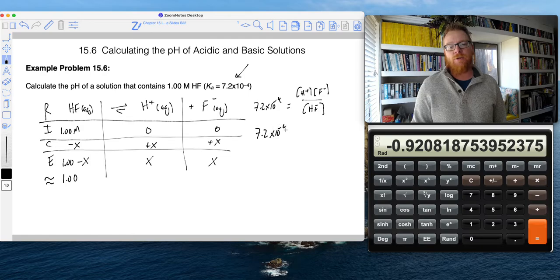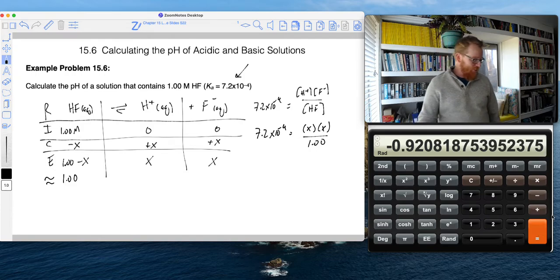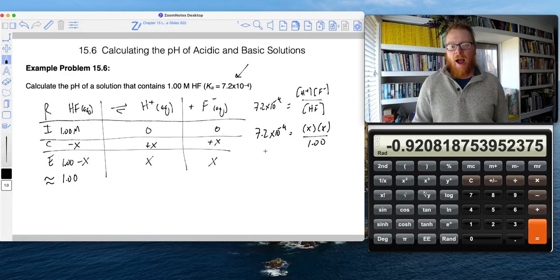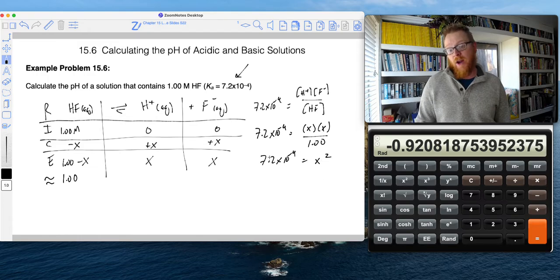So 7.2 times 10 to the minus 4 equals, we know H is x and F minus is x, and our HF we're just assuming is 1.00. So you can see this is very straightforward. If I finish off this algebra, that's 7.2 times 10 to the minus 4 equals x squared. And all I've got to do is take the square root of both sides.